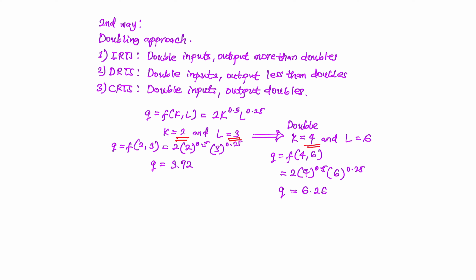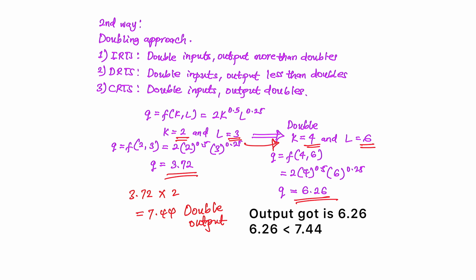So that means when the inputs are doubled, the first output is 3.72 and the second output is 6.26. If we double 3.72, so 3.72 multiplied by 2, that will give us 7.44. This is the double output. But when we doubled our input, the output that we got is less than 7.44, which means input doubles, but output less than doubles.